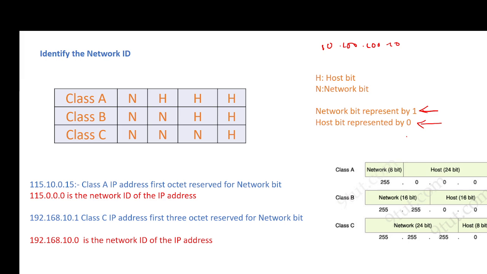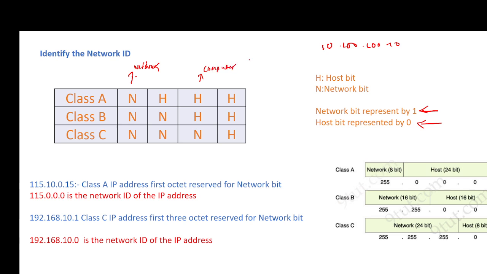And in this box you see class A, class B, class C. The first octet out of 4 octets is N. It means in class A, the first octet is reserved or kept for the network. And host means it is a computer.